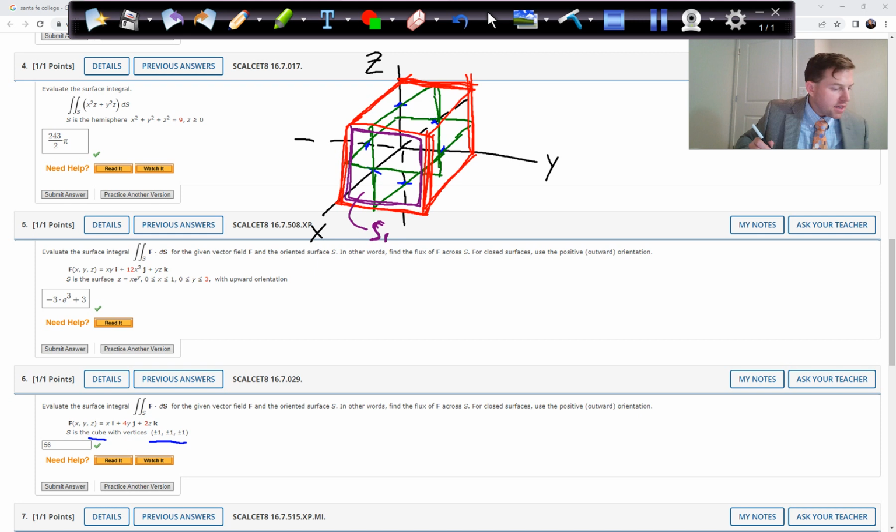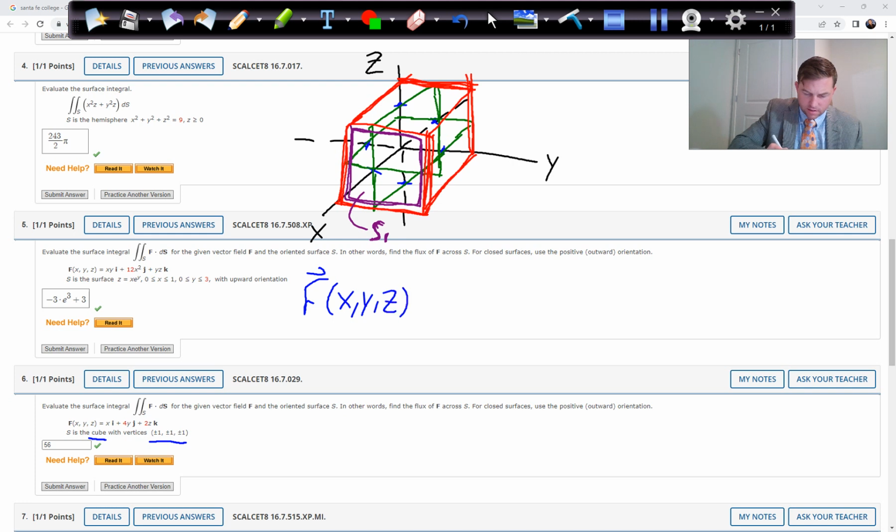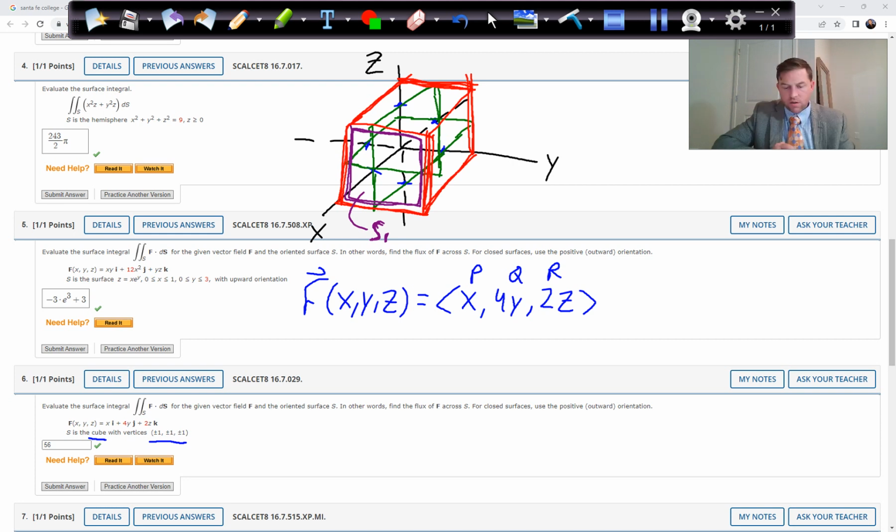So they're going to say, let's see here. Let's write our vector. So our field F of x, y, z is equal to, in compact form, x, 4y, 2z. Now that's P, Q, and R. And then our Z equation, our f of x, actually in this one, don't do that.